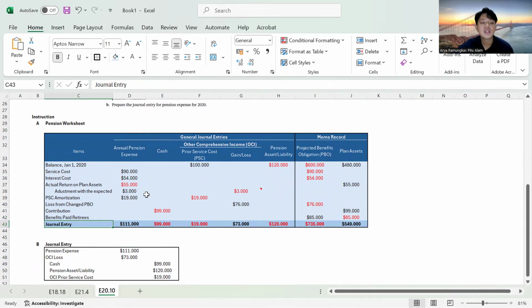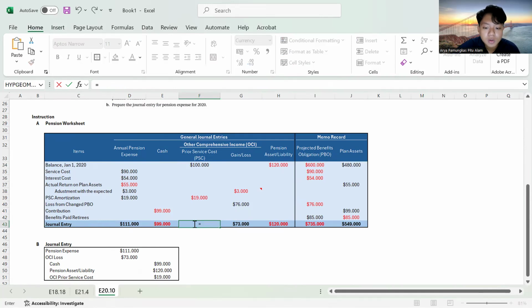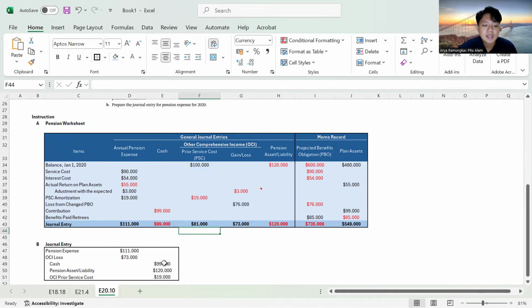So the annual pension expense is going to be $111,000, and then cash would be minus $99,000, and prior service costs would be, wait, I think I messed this up a bit. Here would be like that, which is going to be $81,000.